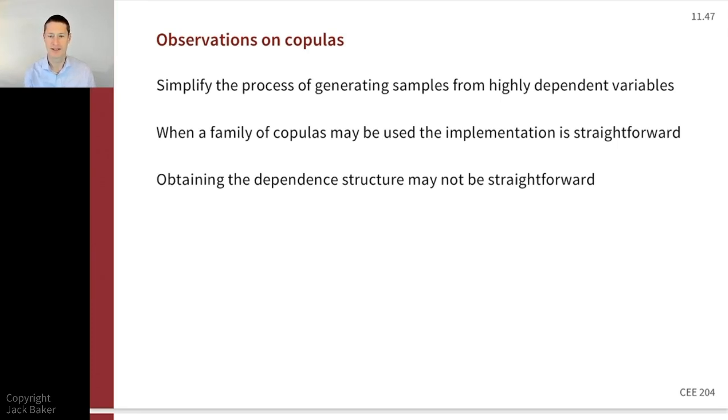If you can use one of the clean families of copulas, like a Gaussian copula, it's pretty straightforward. But characterizing that dependence structure is not necessarily easy. The dependence is defined in the unit cube, the 0 to 1 intervals, rather than in the original random variable space. That's the trick to these things: how do you specify that dependence structure.